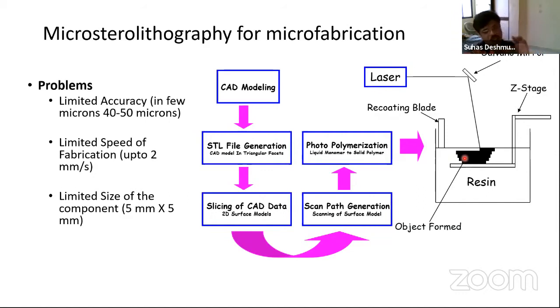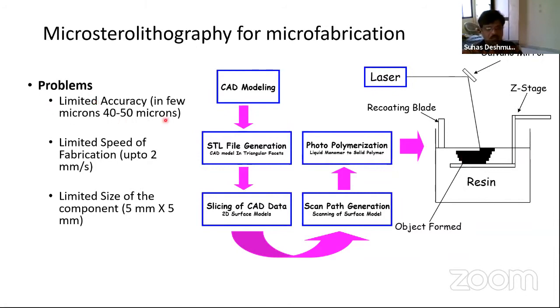If I have a very small interaction between the liquid polymer and the laser spot, I'll get very small features in stereolithography or any 3D microfabrication. If you keep this interaction very small and scan it with more accuracy, you will get a more and more accurate component.